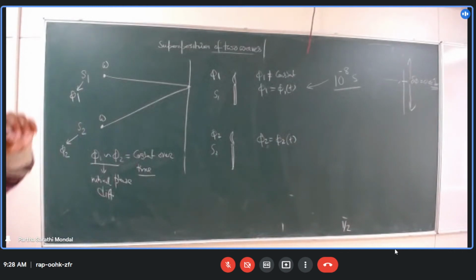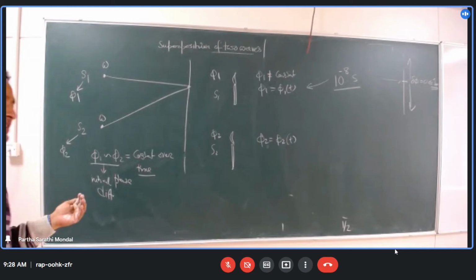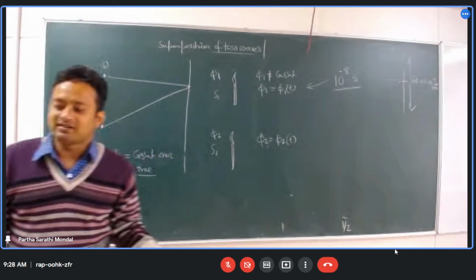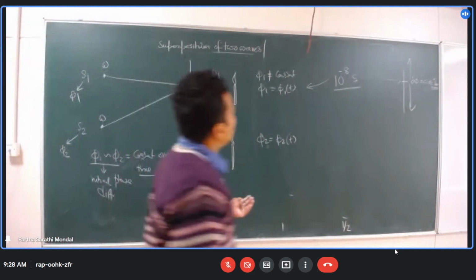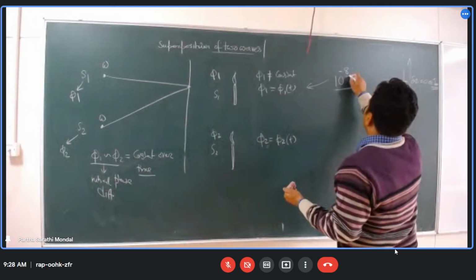That comes from electron transition from one level to another level, and this transition is so probabilistic that its time duration changes over 10 to the power minus 8.